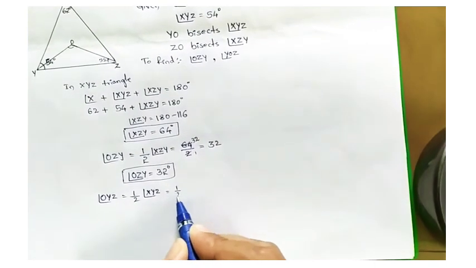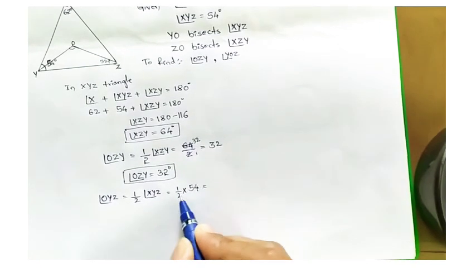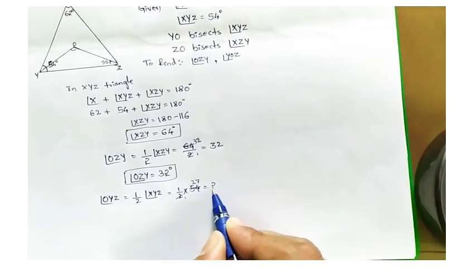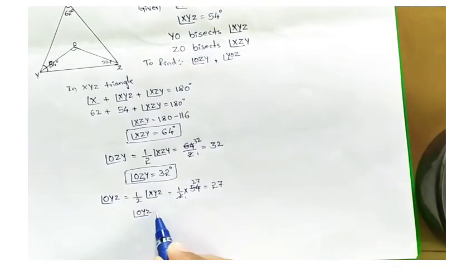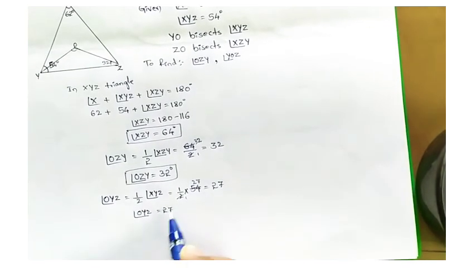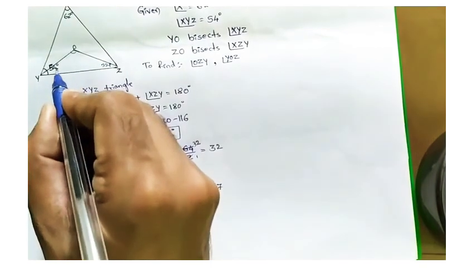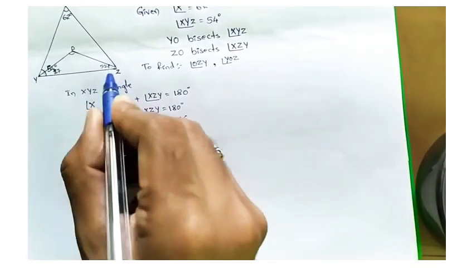So 1 by 2 into 54. If you cancel it, you will get 27. So OYZ equal to 27 degrees. Now this small angle is 27, here 32.